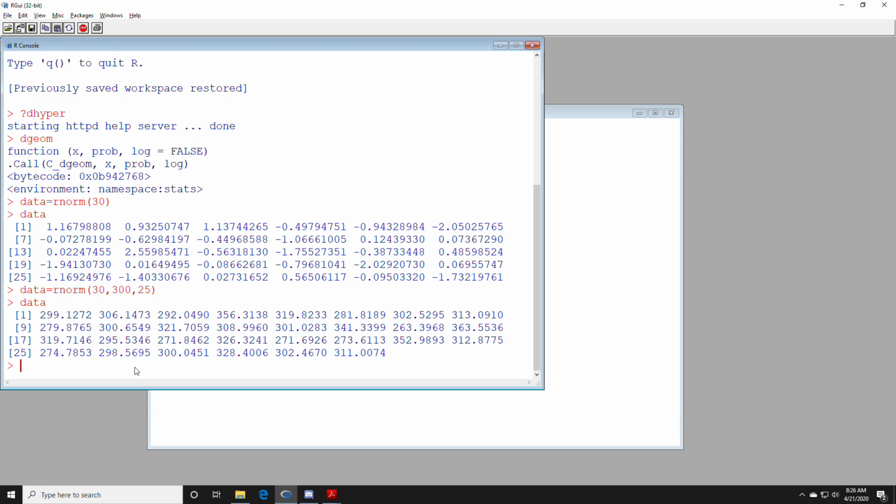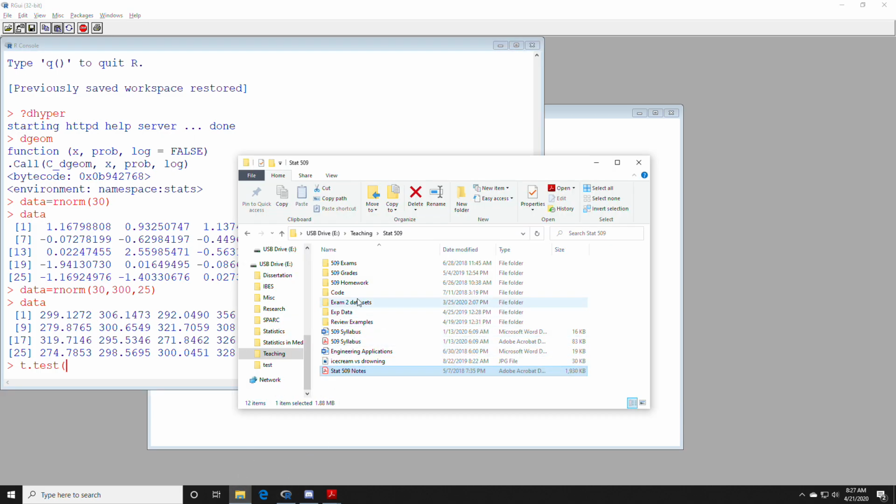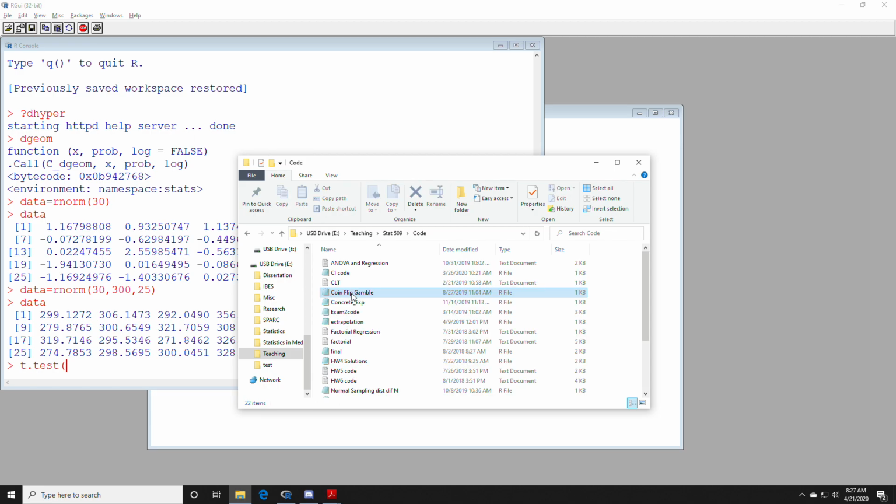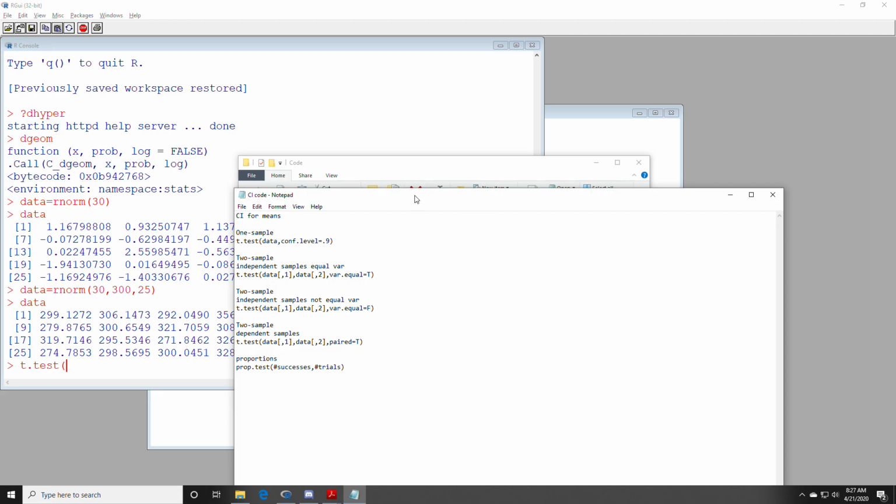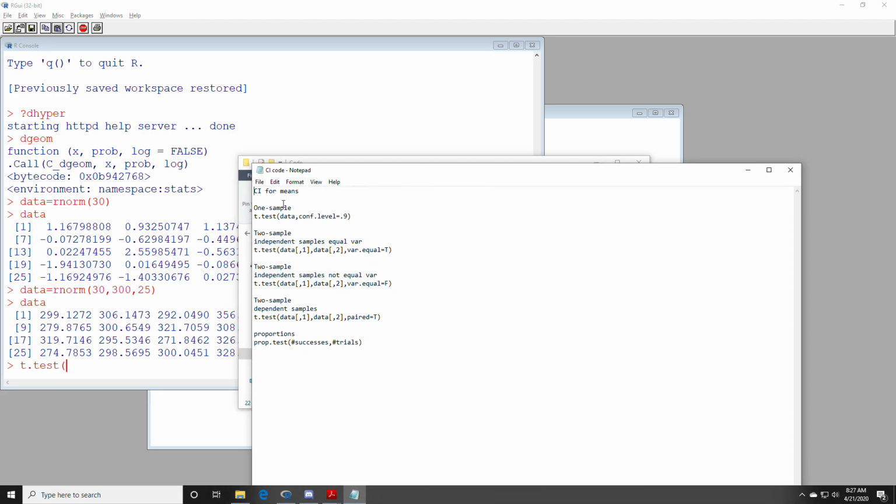If we want a confidence interval for the mean, recall t.test. I sent this to you, so if you have it, great. It might be helpful, but we can see for one sample mean, we use t.test, we put our data set, and conf.level if we want something different than 95, which we actually do in this case.